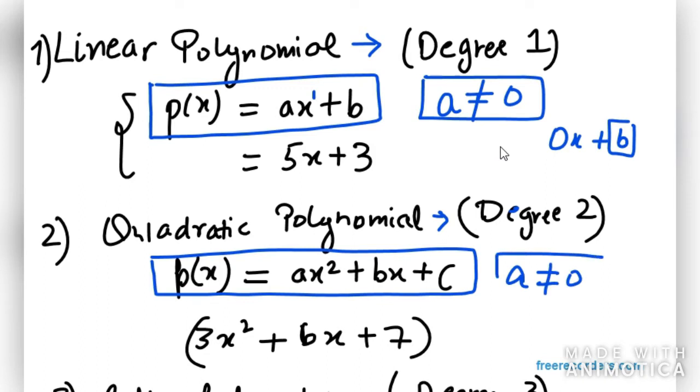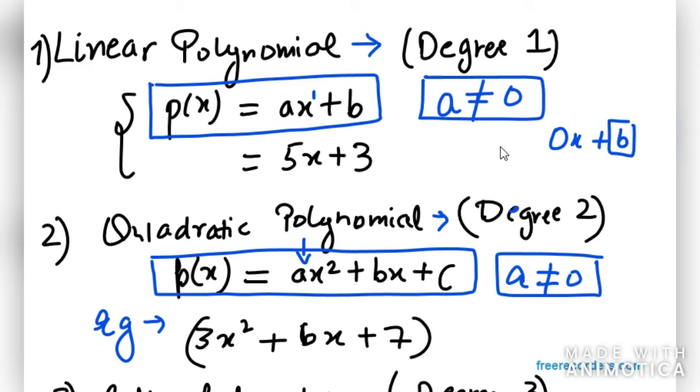Because if a is 0, there won't be the first term, so we are left with a linear polynomial. So in a quadratic polynomial, a should have some value apart from 0. One example is 3x^2 + 6x + 7. You can have any example under this.